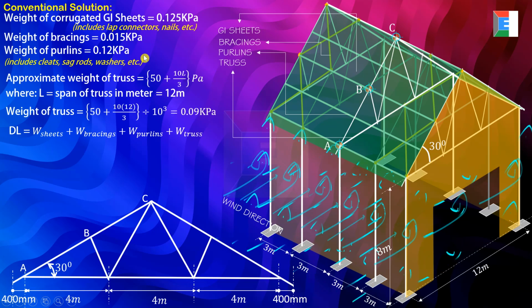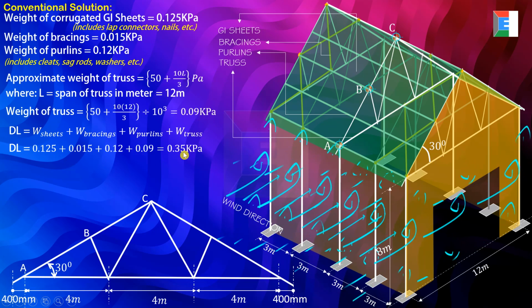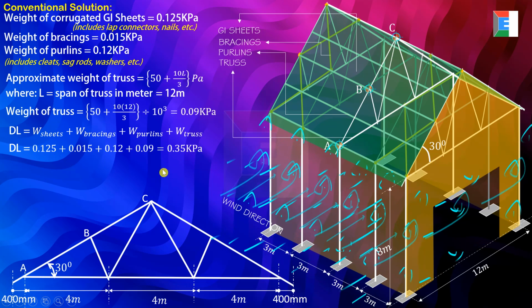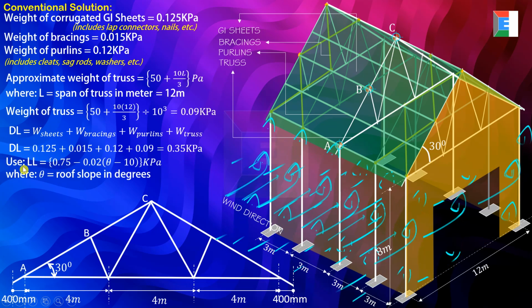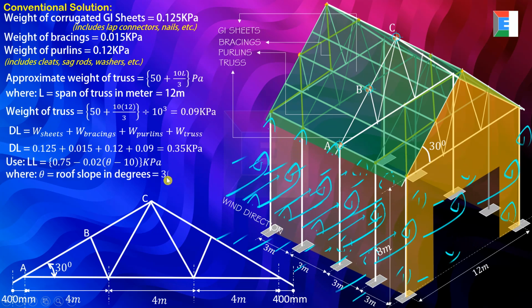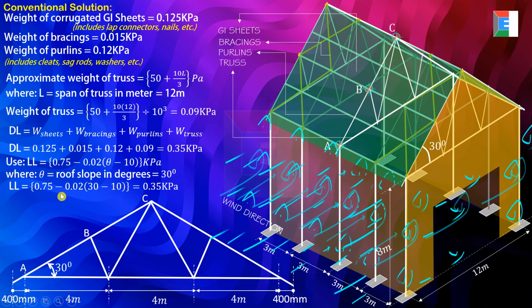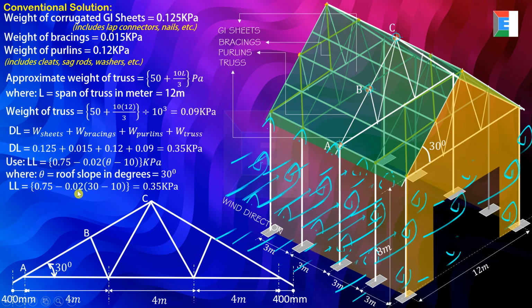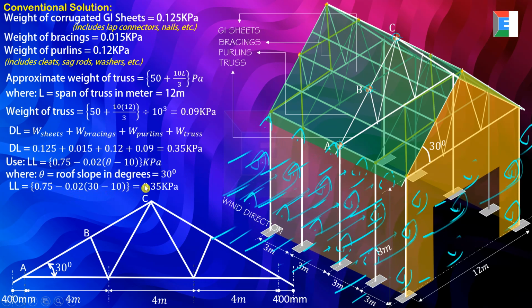For the purlins, 0.12. And for the approximate weight ng truss is 0.09. So we have 0.35 kPa. And for the approximate roof live load, we have 0.75 minus 0.02 times the roof slope, which is 30 degrees, minus 10. So we have 0.75 minus 0.02 times 30 minus 10. So we have 0.35 kPa.